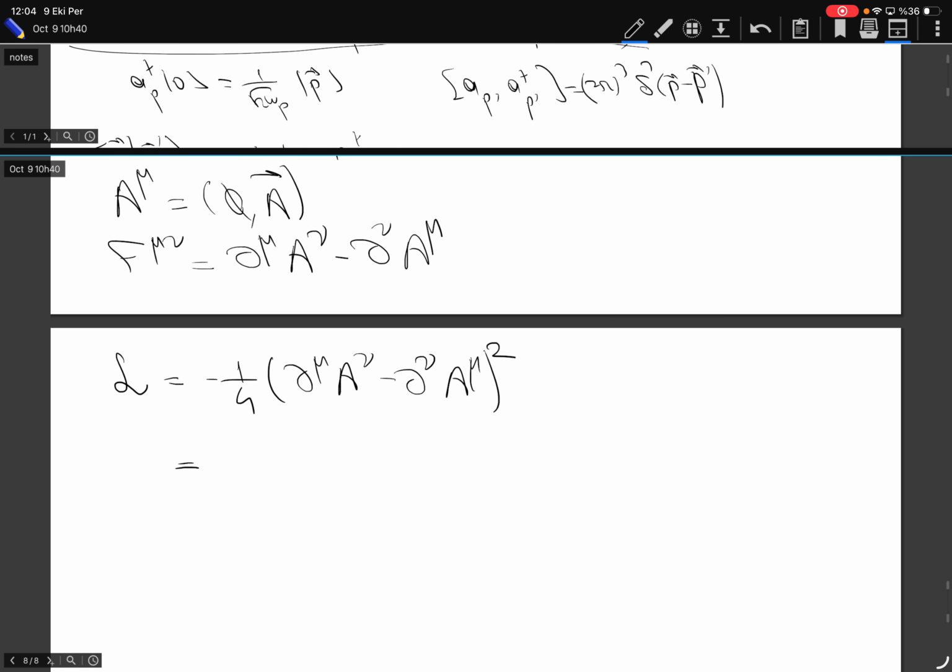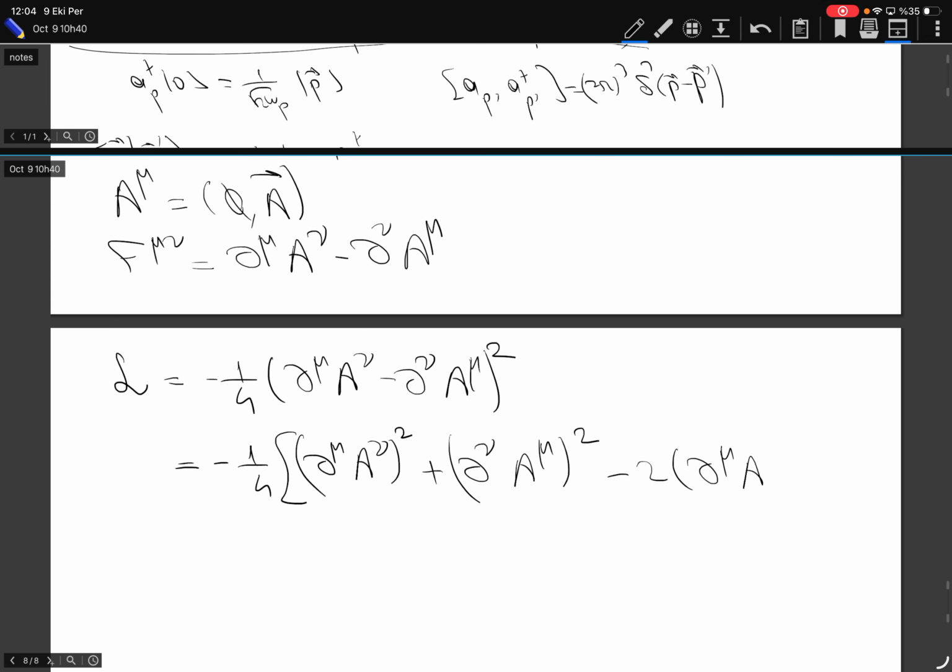Well, what do we have here? We have the 1 over 4. If I take the square here, del mu A nu squared, then I have plus del nu A mu squared. And then I have minus twice del mu A nu del nu A mu.